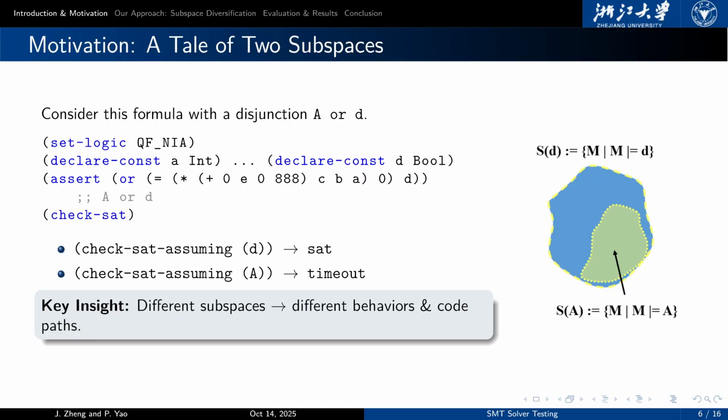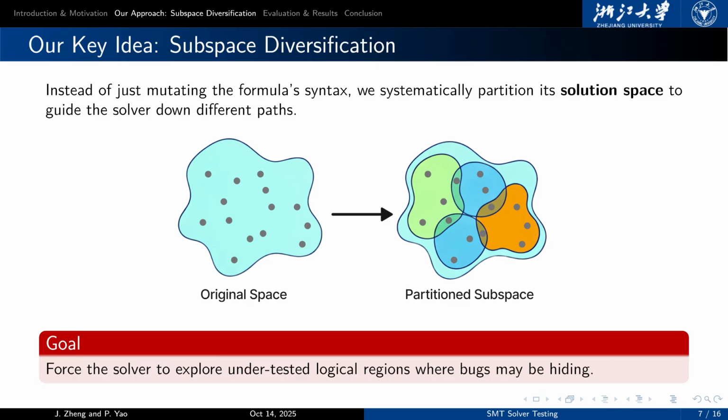This leads to our key insight. We must force solvers to explore different semantic subspaces. This is a powerful way to find hidden bugs. And that is the core idea of our work, which we call subspace diversification.